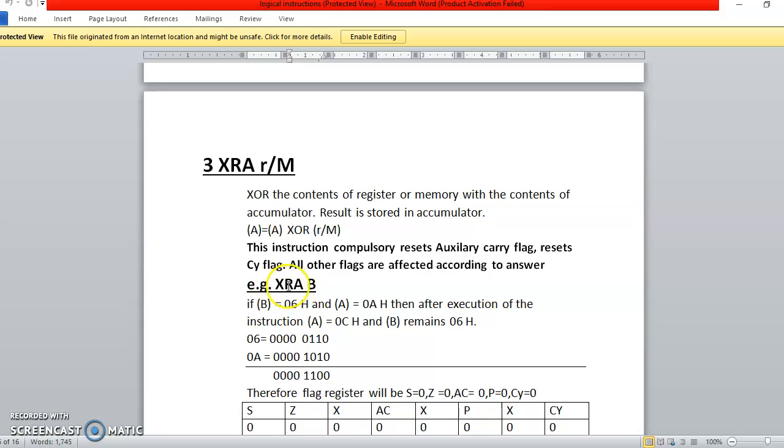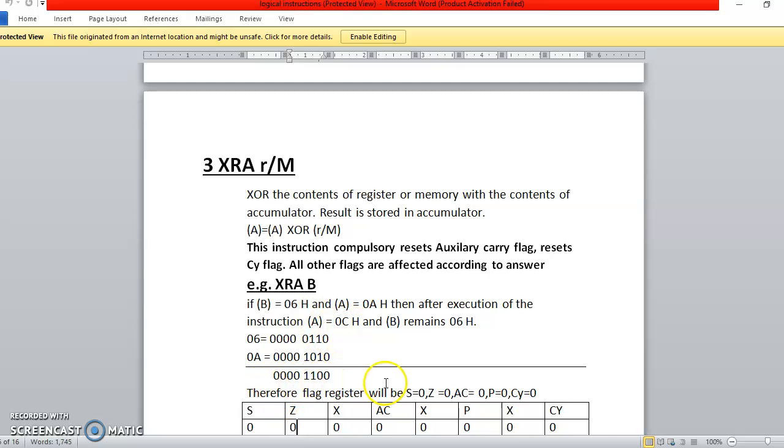Now XRA B, same numbers we will take. For example, B has 06, A has 0A. Then what will happen? See here, when both the inputs are different, the output will be 1. When both the inputs are the same, the output will be 0. Therefore, the accumulator contents will be 0C.